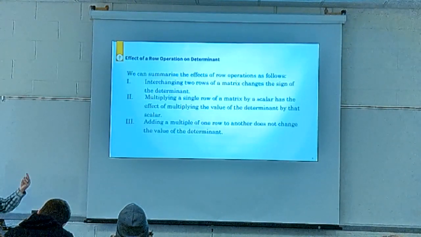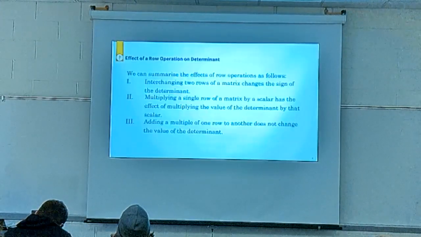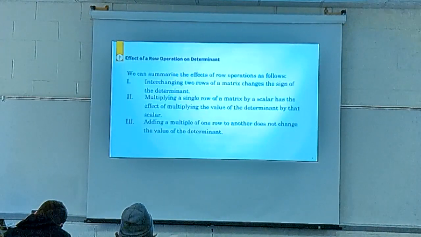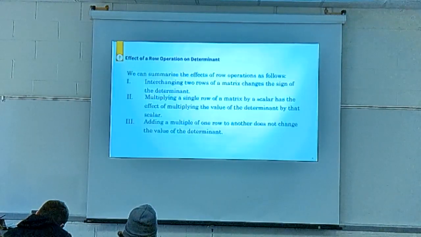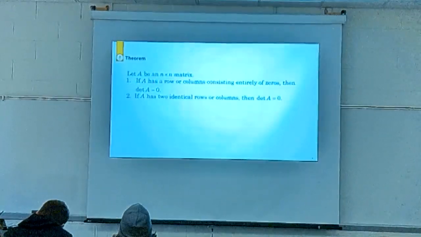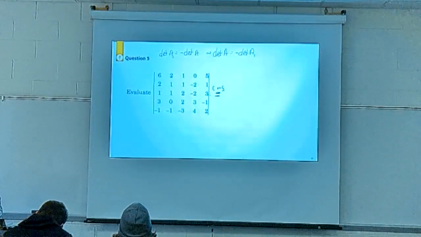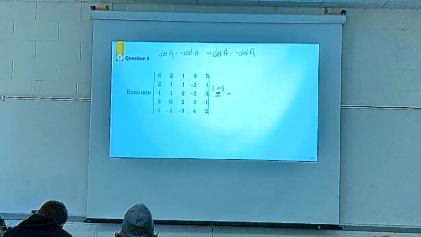You can't really misinterpret that. Type 2, though, you have to be careful. That's where you multiply by the reciprocal. And then type 3 has no effect. So we're going to multiply by a negative, and then our new determinant.